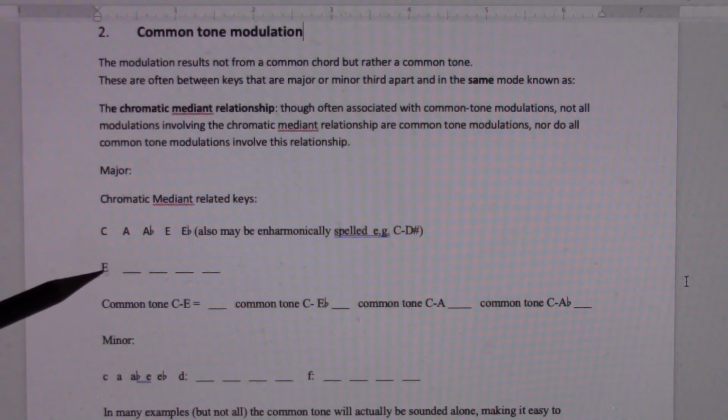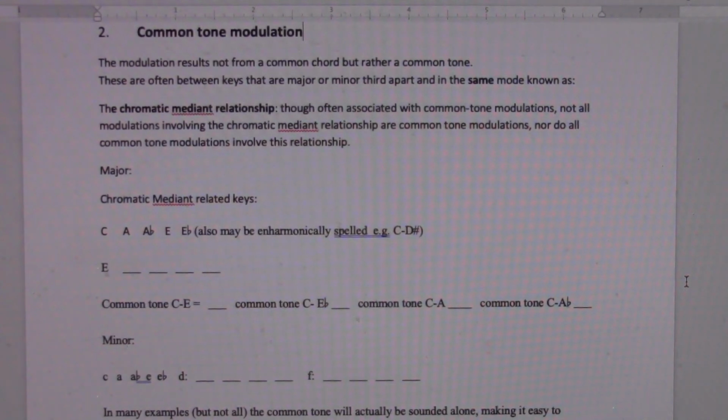I ask you to put ones here for E. So chromatic mediant related keys could be, well, what's a minor third above E? G major. Okay, that's one of them. Now, you might not want to say G sharp major, you might want to say A flat major, but that's still considered to be a chromatic mediant related key, even though that's not technically a major third.